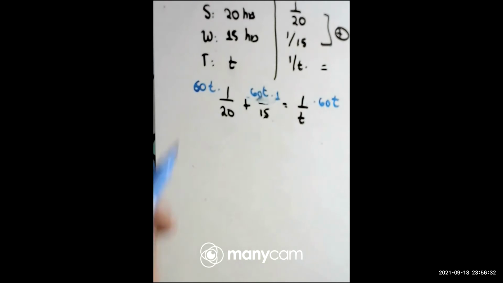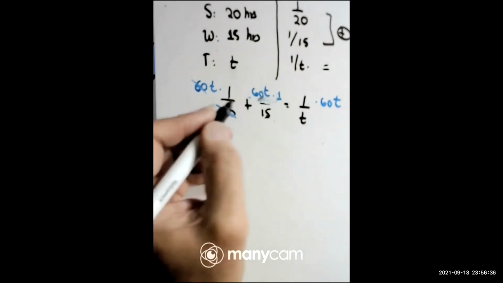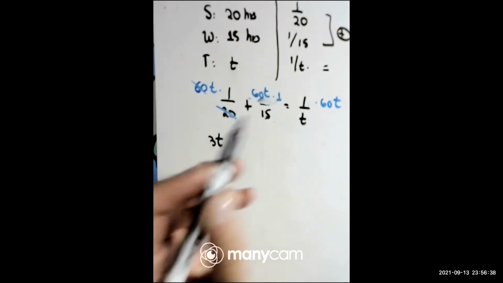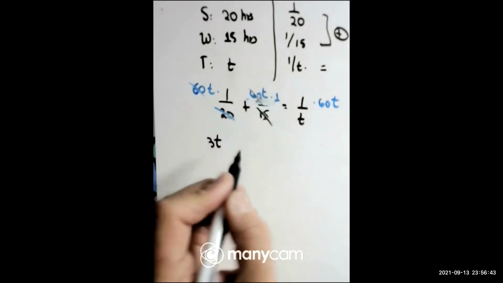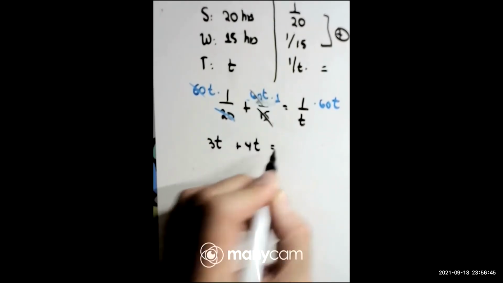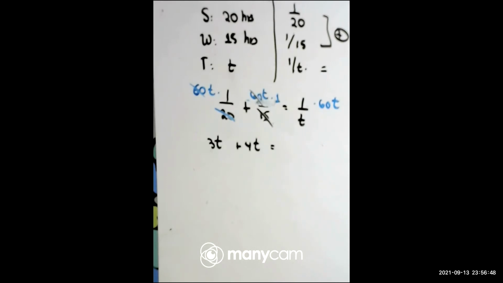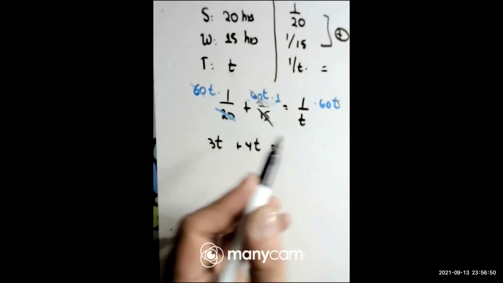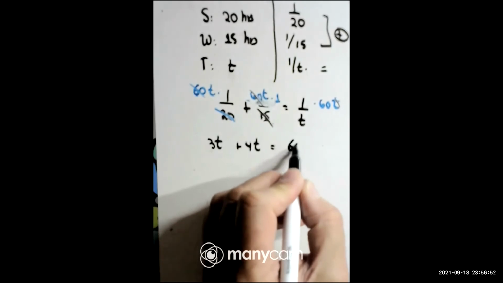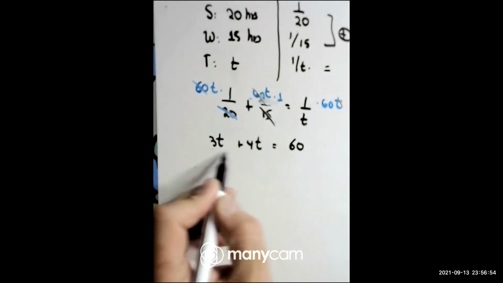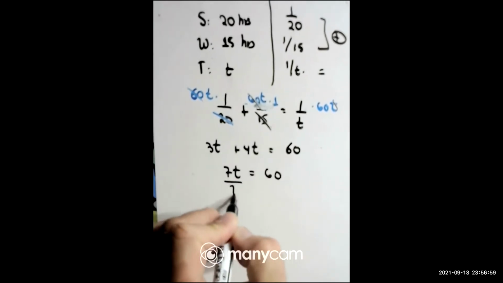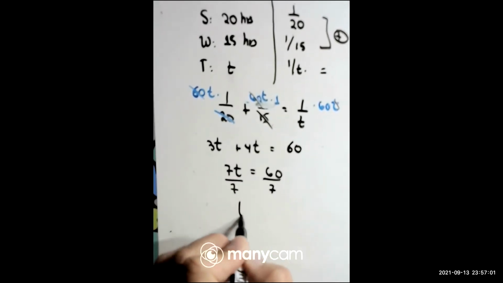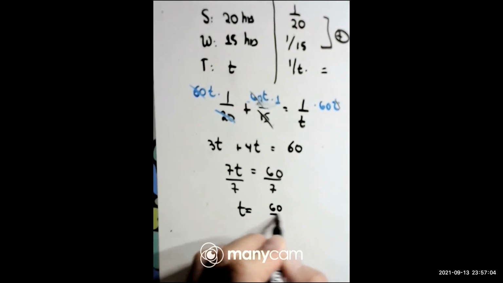Let's see what we get. 60 divided by 20, that would be 3 times T times 1, 3T. 60 divided by 15, that would be 4 times T times 1, plus 4T equals, T over T is 1, so 60. So we have 3 plus 4, 7T equals 60. So we divide by 7, T equals 60/7.